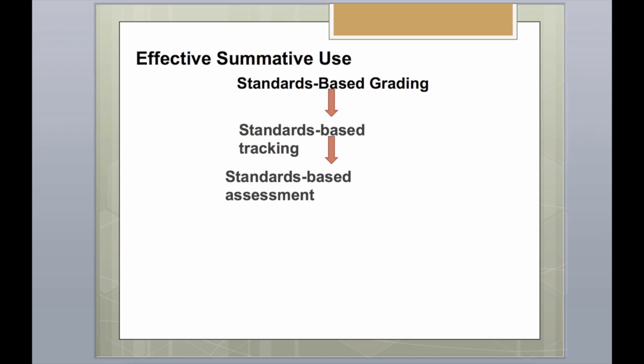Standards-based tracking relies on a foundation of standards-based assessment. If our assessments are not aligned directly to the content standards we're teaching to, then we won't have an assessment that reflects the standards students had opportunity to learn, and we won't be able to track by standard. We'll be stuck tracking by category or just tracking grades in a subject.